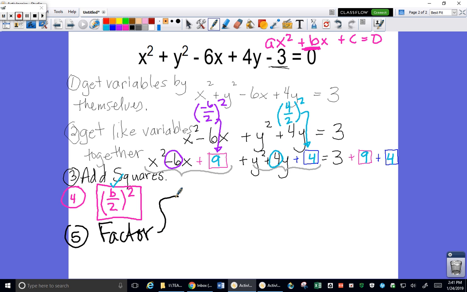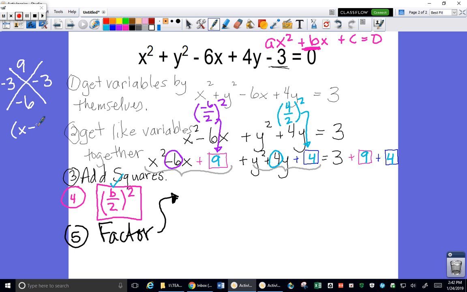I'm going to do it on this line right here. So we're looking for numbers that multiply to give us 9 and add to give -6. So let me do it over here on the side. What numbers multiply to give us 9 and add to give -6? Hopefully your brain is telling you that those numbers are -3 and -3. Product is positive, sum is negative.